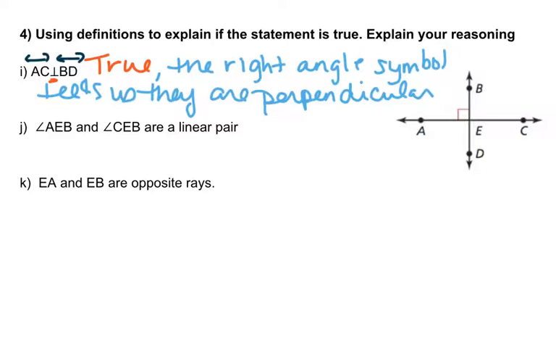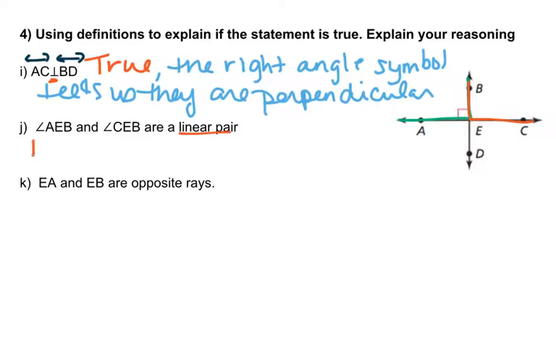Okay, then let's talk about AEB and CEB being a linear pair. AEB is the one with the right angle symbol, and CEB would be this one. Just to recap, a linear pair is two angles that add up to 180, so they're supplementary, and they also have to be adjacent. So they're on the same line, and they add up to 180. And are those two?